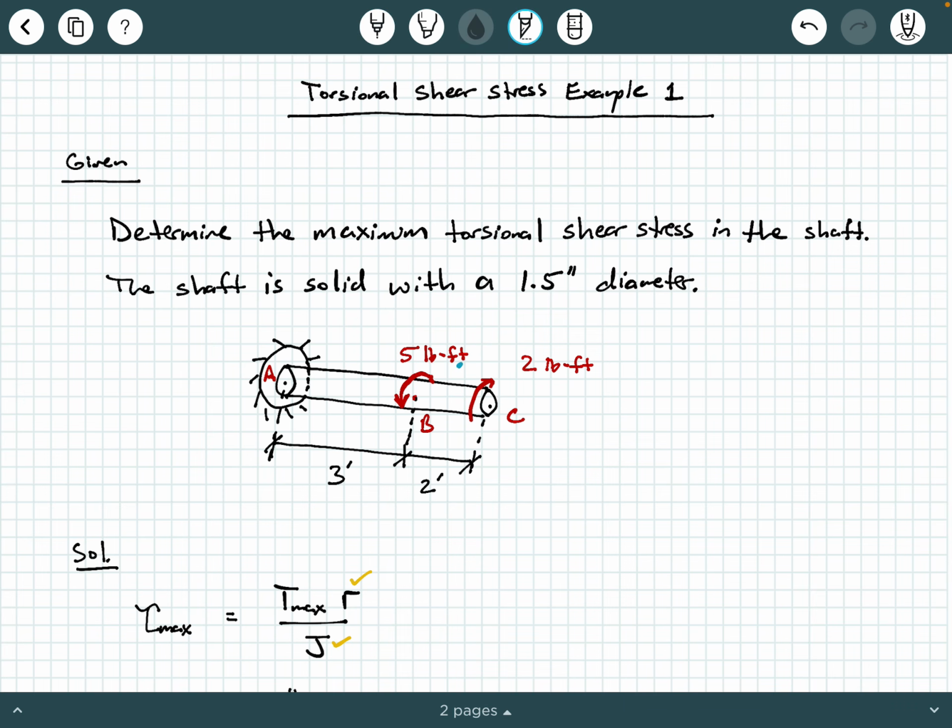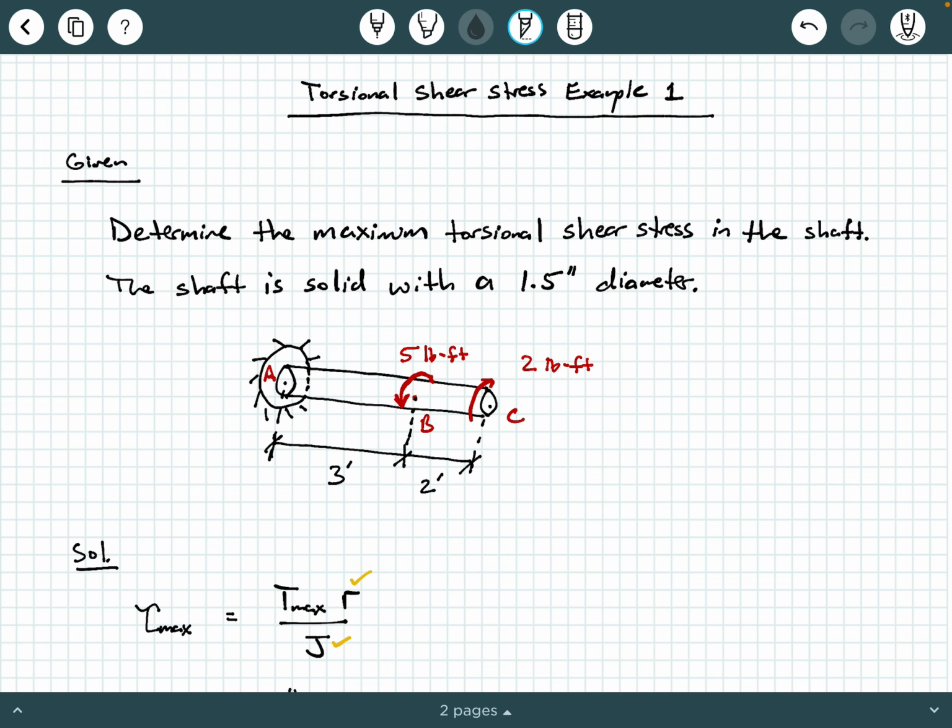We're going to need to make a cut section within the domain between B and C, because that 2-foot domain is where we're going to have some constant values, and then we're going to have to make a separate cut section between point A and B, again, because on the domain from A to B, we have constant values, okay? So again, review your method of sections from statics if you're a little rusty on that, because I'll talk through a little bit of review points for it, but I'm not gonna reteach method of sections from scratch in this video, just gonna hit the highlights of it, okay?